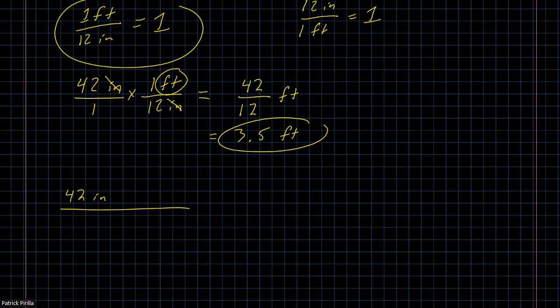We're going to draw a box that looks something like this, and we're going to put in our next measurement, 1 foot over 12 inches. We're going to cancel out the inches, and we're going to see that that still is 3.5 feet. So notationally, it looks different, but it is the exact same calculation.